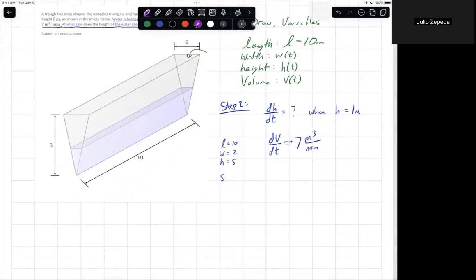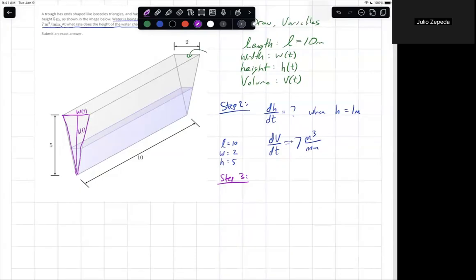Step number 3 is to find an equation. So here, this is just a triangle. The area of the triangle is base, which they call W of t here, times height, H of t, divided by 2, or 1/2 width times height.